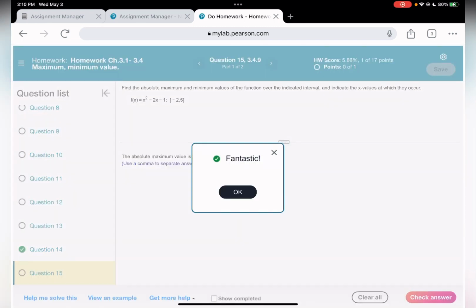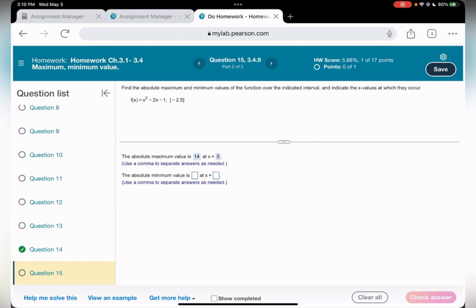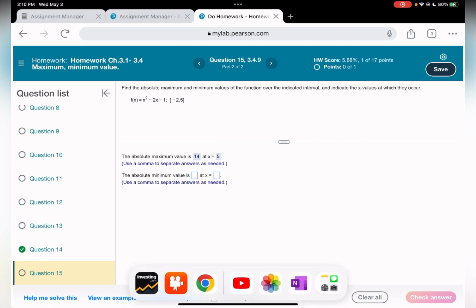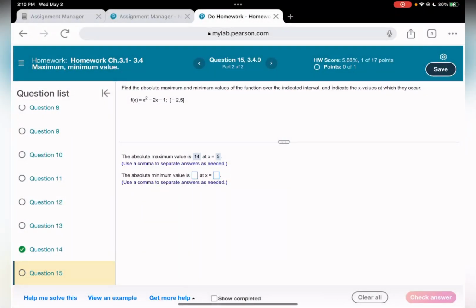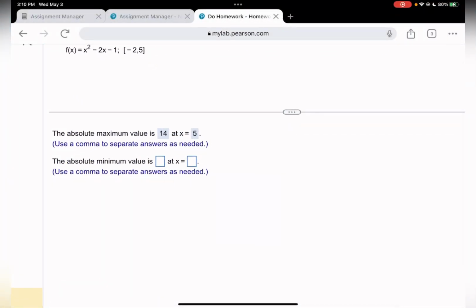That's the absolute maximum. And the minimum is going to be 1 and negative 2. So the value of y is negative 2.